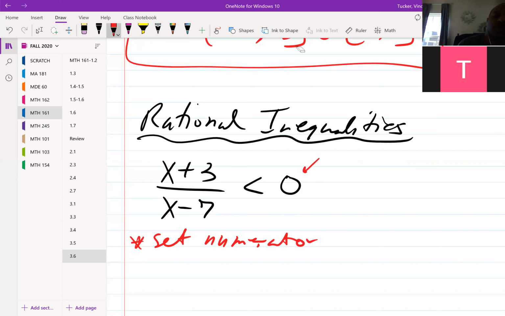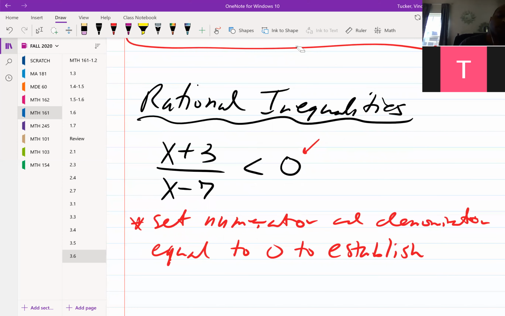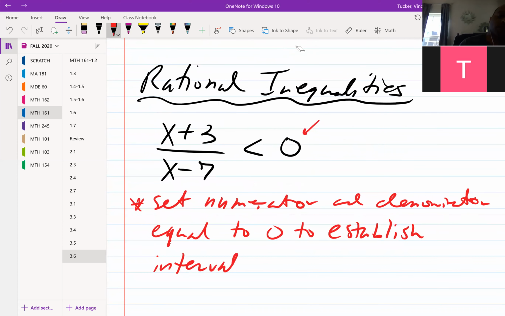So now we want to set the numerator and denominator equal to 0 to establish our intervals, just like we did before.